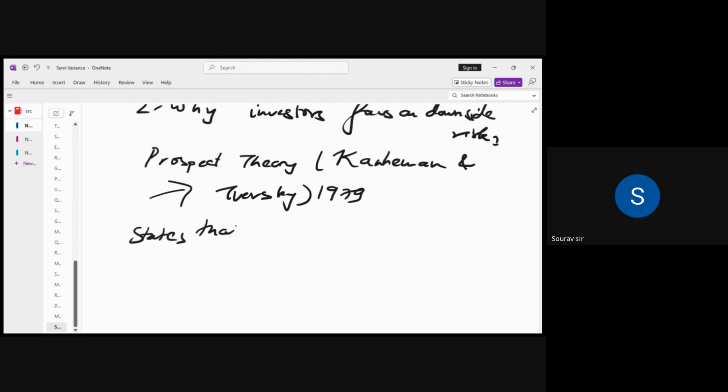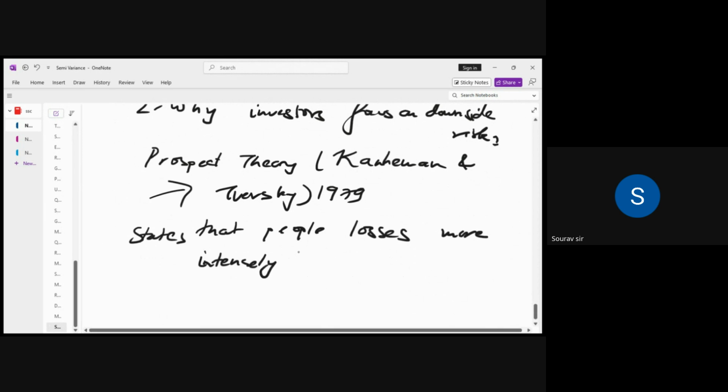They state that people feel losses more intensely than they appreciate equivalent gains.